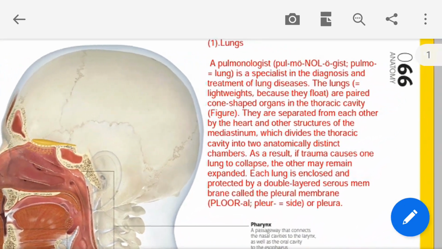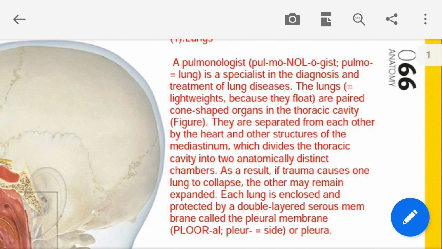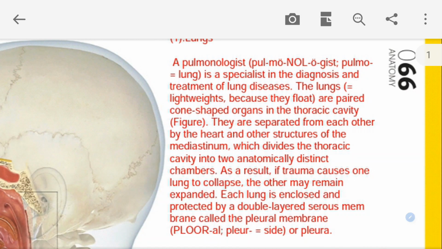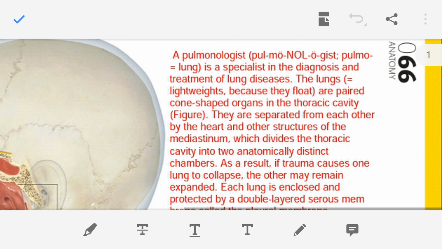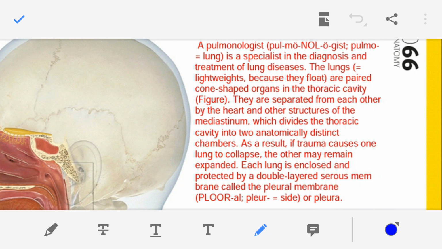Now, the doctor who diagnoses diseases or abnormalities of the lung, the specialist doctor who treats the diseases of the lung, is known as a pulmonologist.